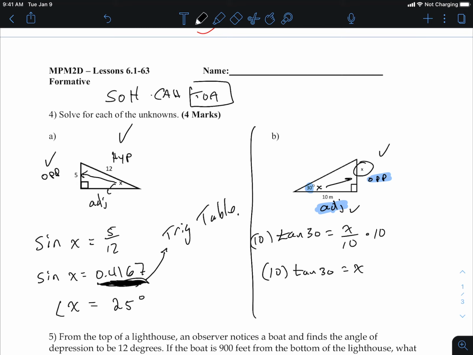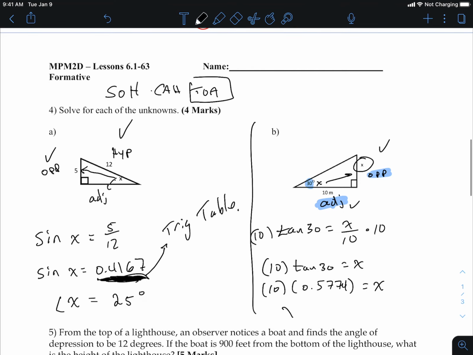You should see it's something like 0.5774. That's equal to X. X will equal 5.7, or 5.8 if you round.